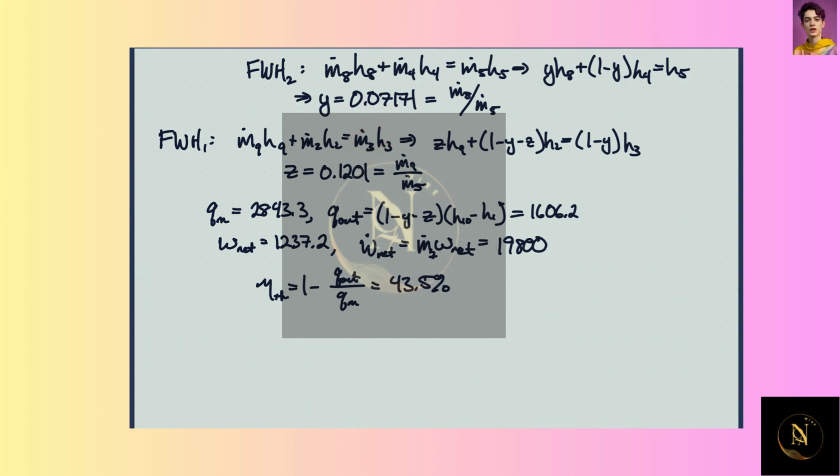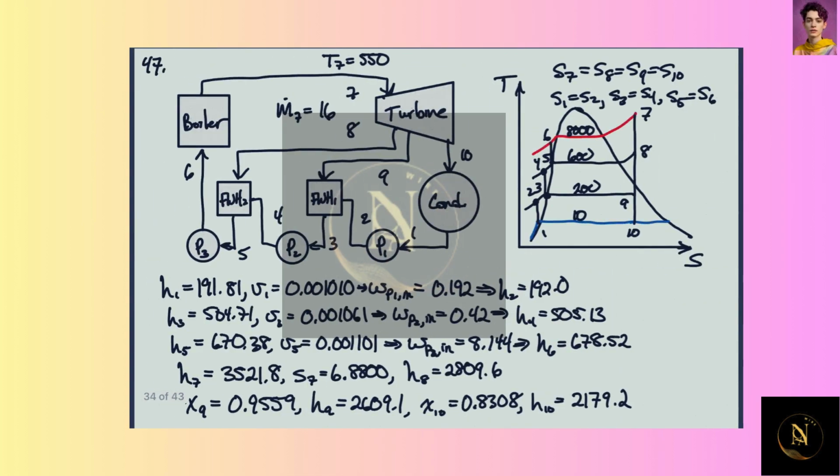And if we define z as ṁ9 over ṁ5 and divide through and use conservation of mass, we get this expression here, and since we know y and we know these enthalpies, we can solve for z, and that winds up being about 12%. So z is the amount coming off of here. So we take about 12% of the steam off at 200 kilopascals, and then use it to heat up some of this water coming out of the end of the turbine.